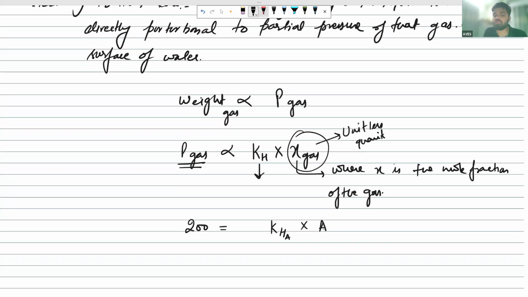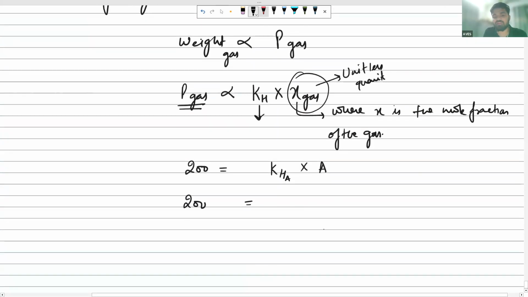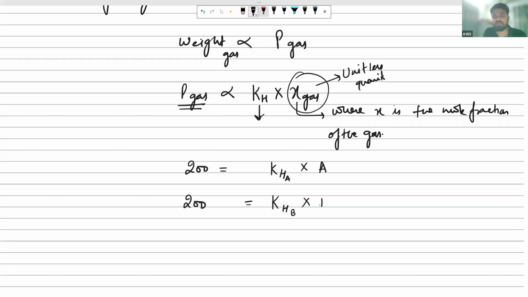Now I'm applying the same pressure, 200 atmospheres, for KHB, for gas B. The mole fraction that I dissolve for gas A is 0.2 mole, and for gas B I am able to dissolve 0.5 mole. So what will be the value of this one?